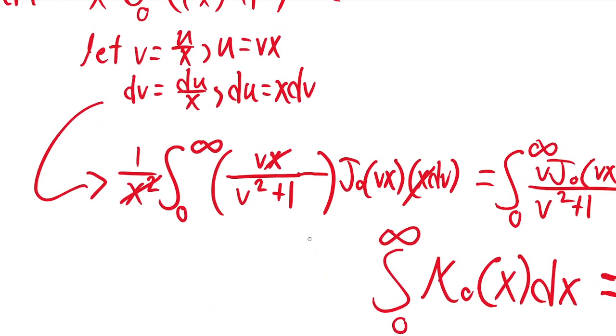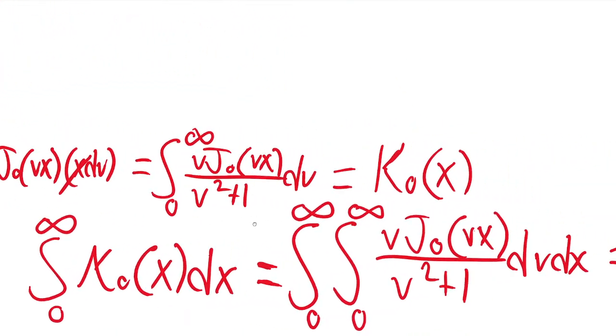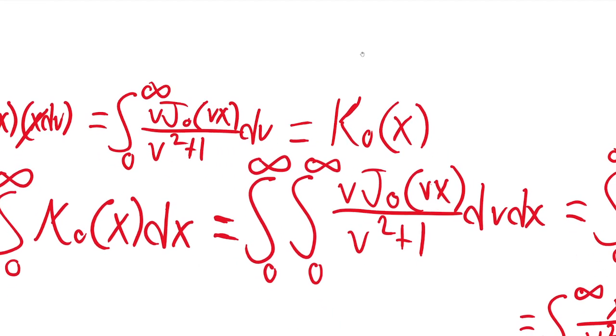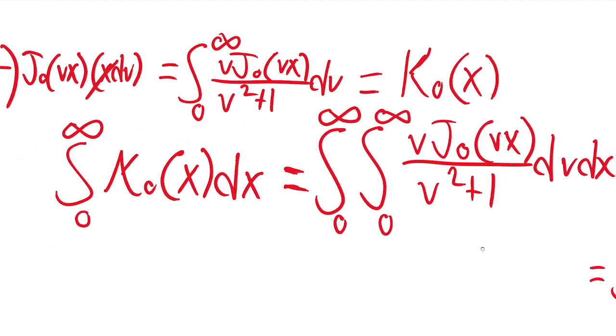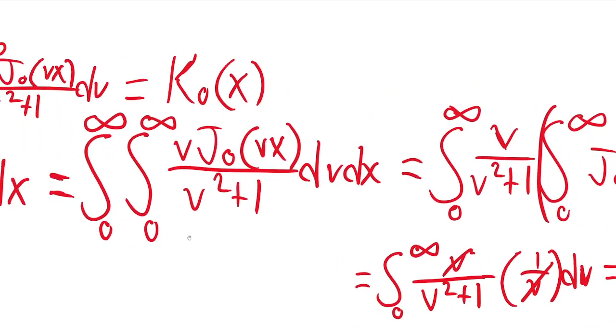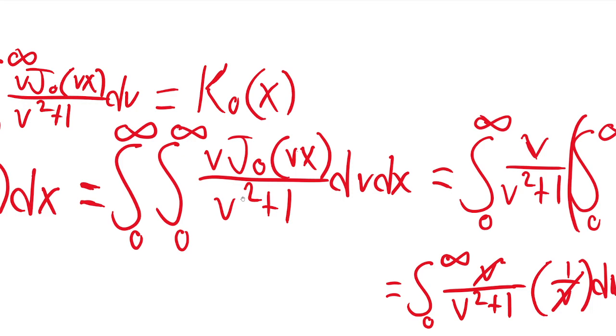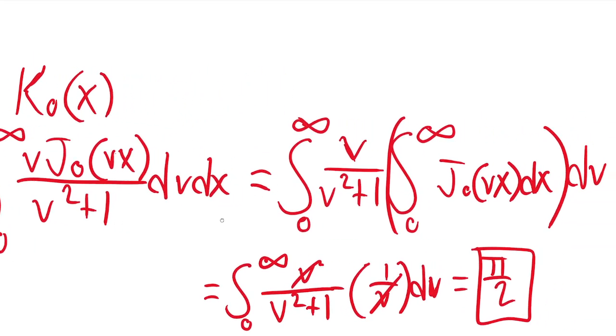So now we have this. And what we're going to do is integrate both sides of the equation from 0 to infinity. And by doing that, we get this double integral. Then we factor out the v on v squared plus 1 and integrate with respect to x.